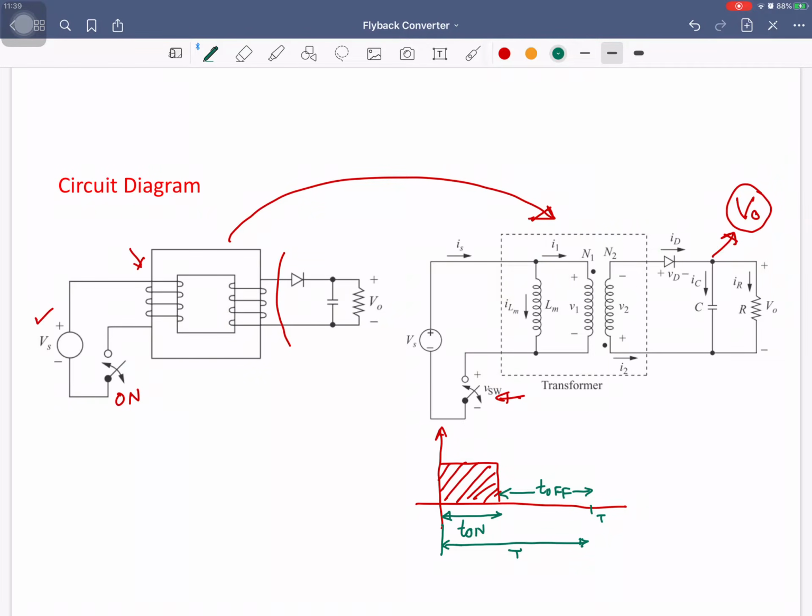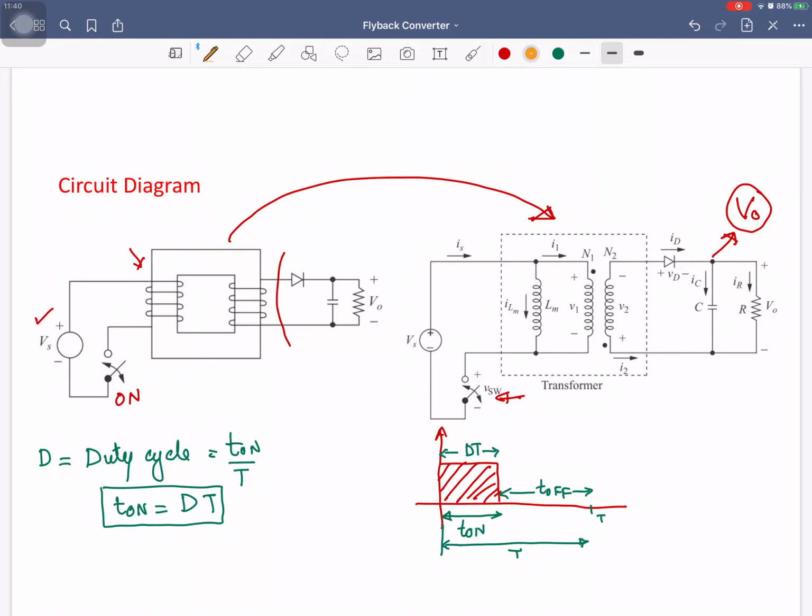So we define a term, duty cycle. The duty cycle is the ratio of the on time to the total time. And let's represent this duty cycle with D. So T on will be equal to D times T, where D is the duty cycle of your switch. So this interval can be written as D into T, T on.